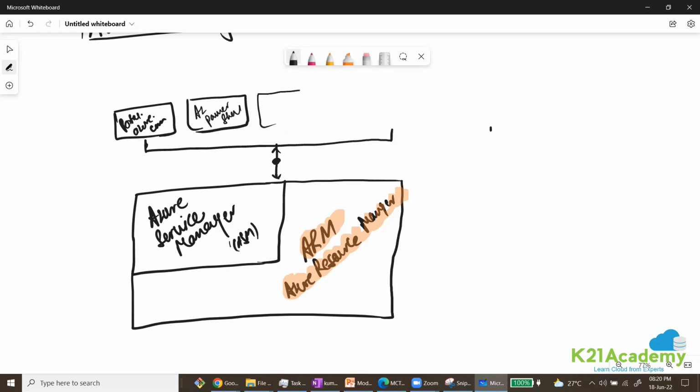Apart from that, you use Azure CLI. Apart from that, you will use SDKs, software development kits like Visual Studio. And apart from that, you have REST APIs, which developers use from the software in order to communicate with services that are.